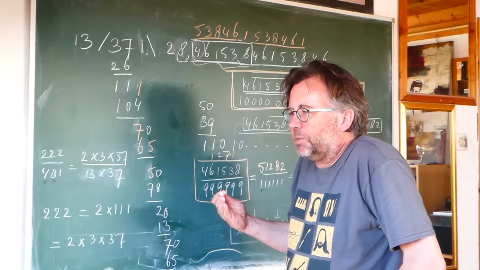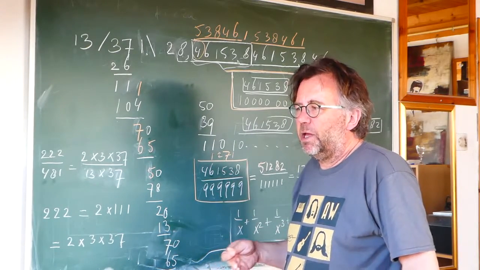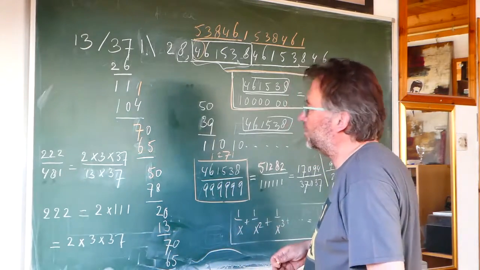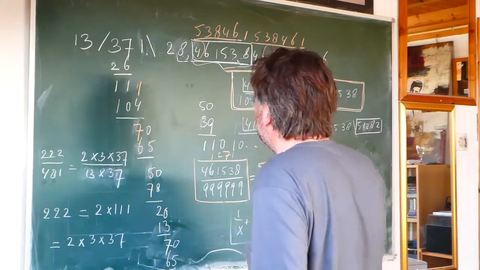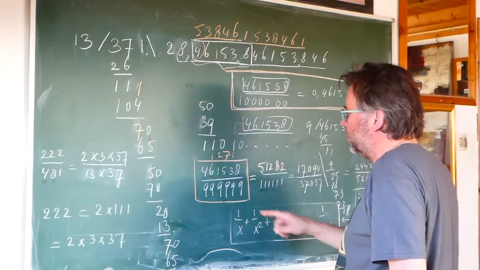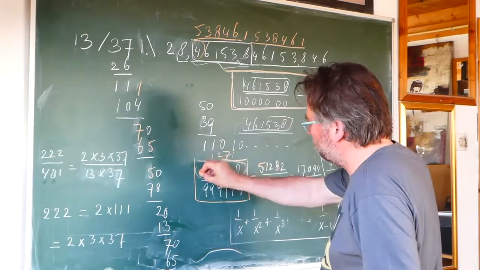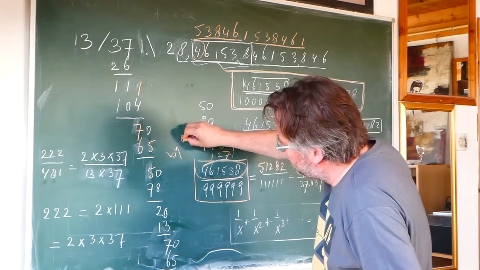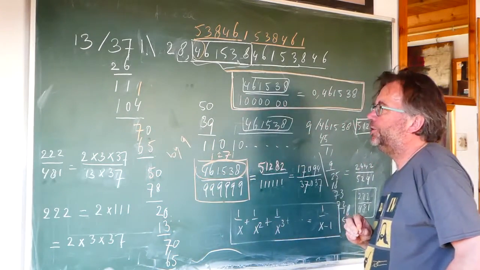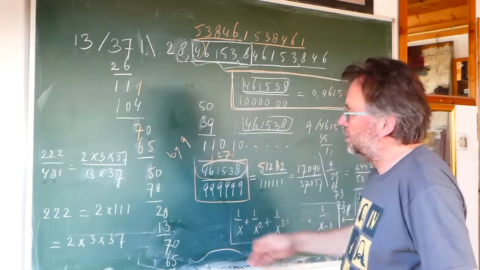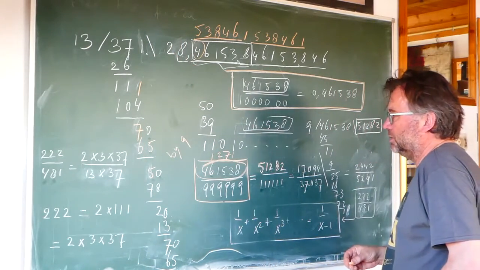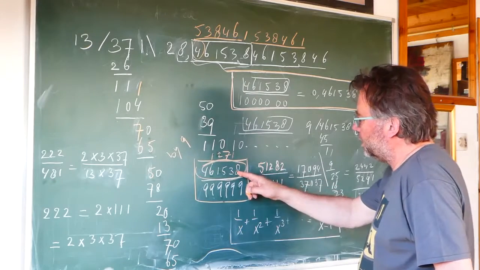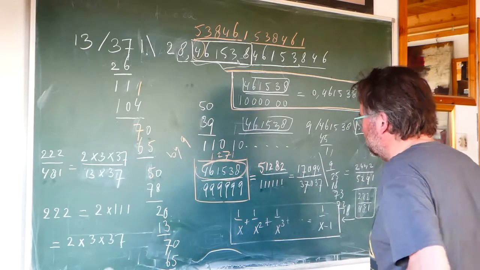If you cook up examples, then it may happen that you don't need the method. If you divide by a single digit number, if you divide this number by 9, you really don't need this notation. Okay. So I've divided by 9, I've divided by 9, this is what I get.